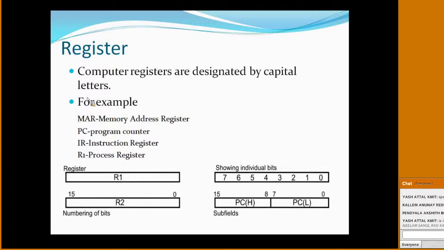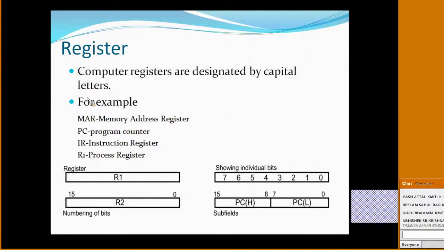Now, coming to the definition, coming to the representation.